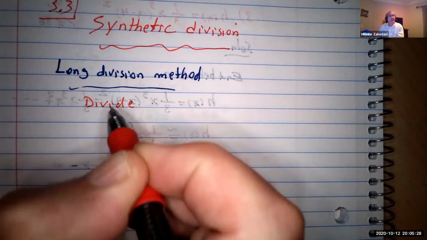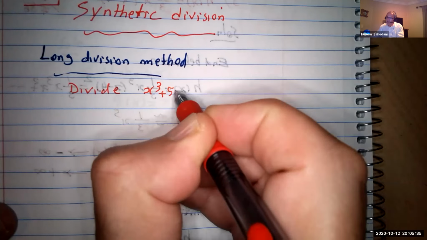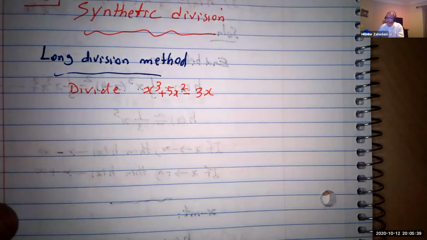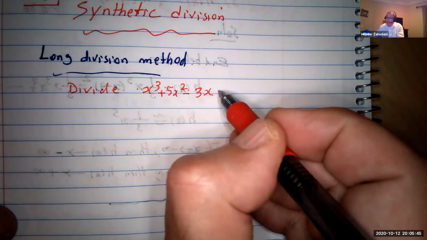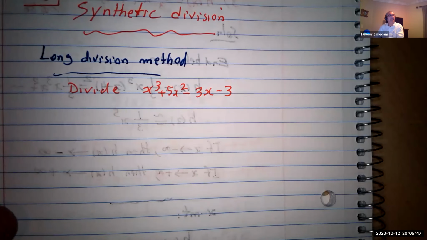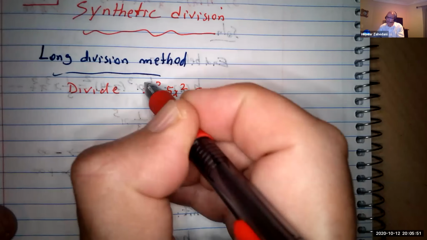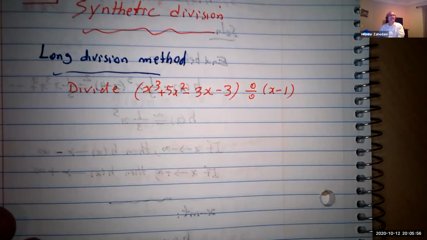How about x cubed plus 5x squared minus 3x minus 3? You want to divide this one by x minus 1. That's it.